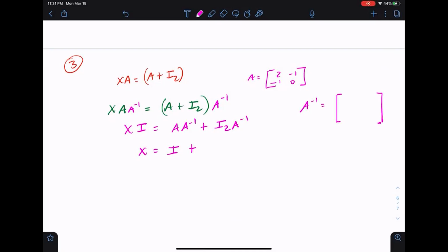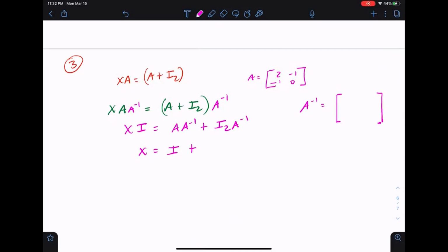I'm not going to show you this time how to do it by the calculator because I already showed you how. I'm going to do it on my calculator really fast. So 2 by 2, we have 2, negative 1, negative 1, 0.